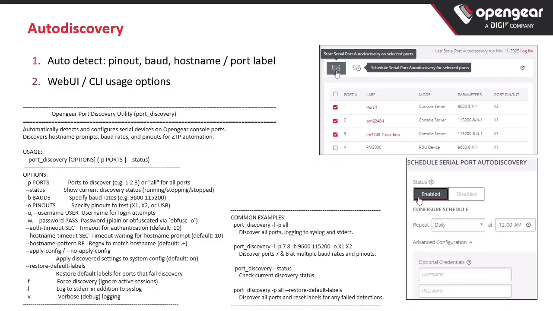you go, right? But one of the great things about Autodiscovery is it will detect that pinout, that baud rate, and the host name of the device that's connected. So you don't see 15 different devices that all look identical that have been connected.